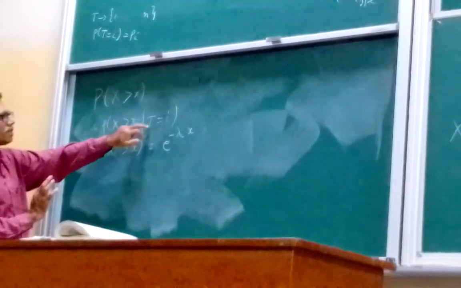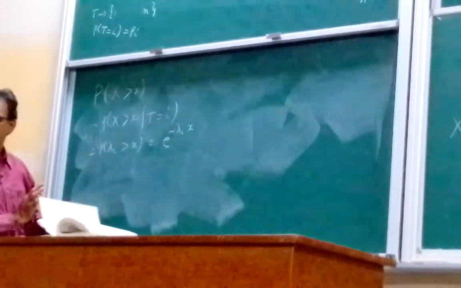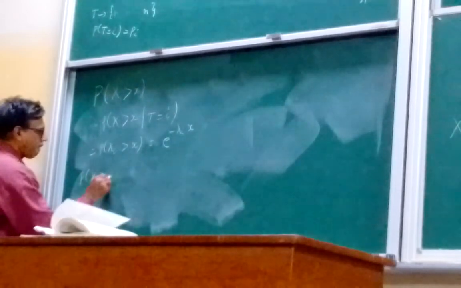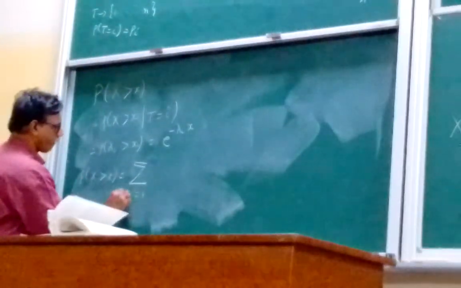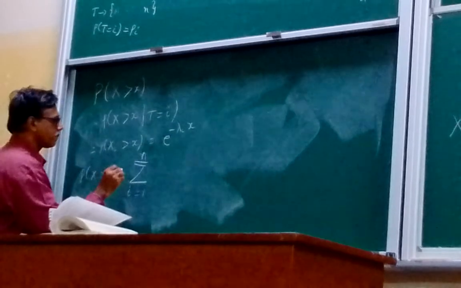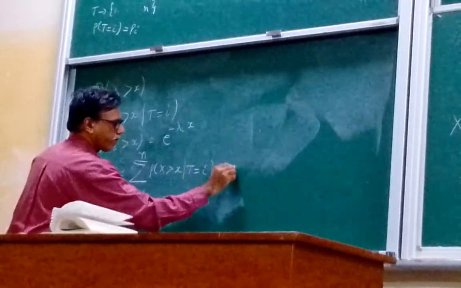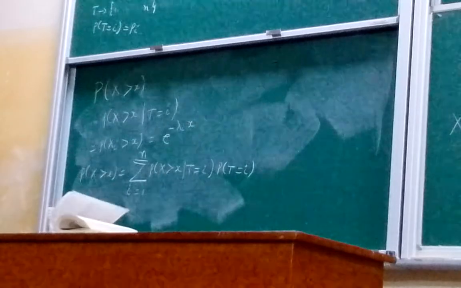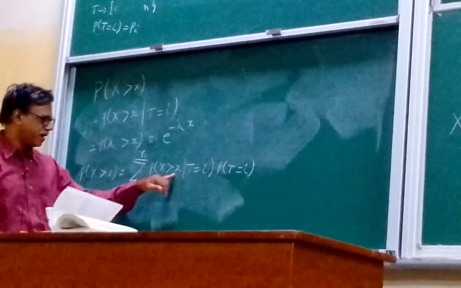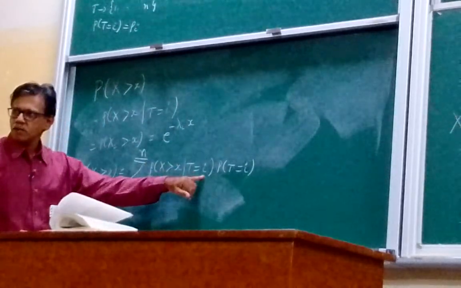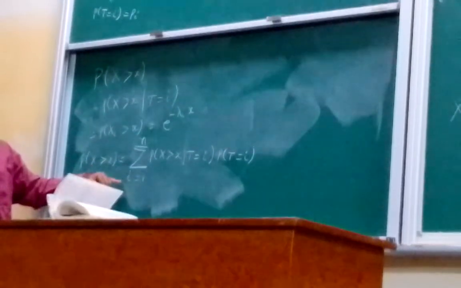So now you look at all possible values that T can take, multiply this conditional probability that X takes a value greater than x, given that T is equal to i, with the probability that T is equal to i, and sum it over all possible i values, that is from 1 to 8.